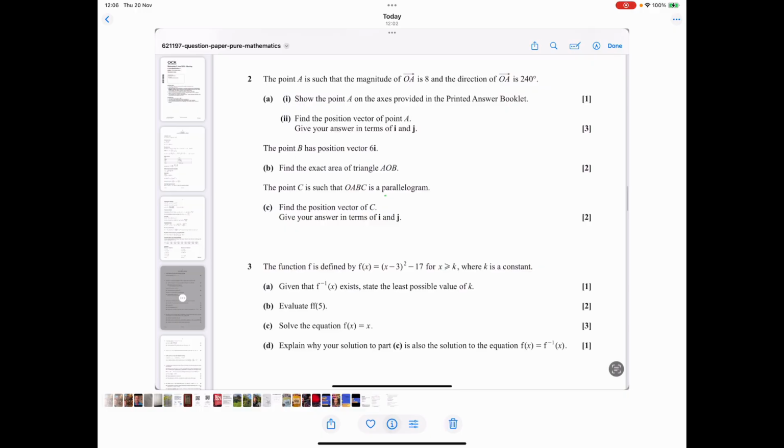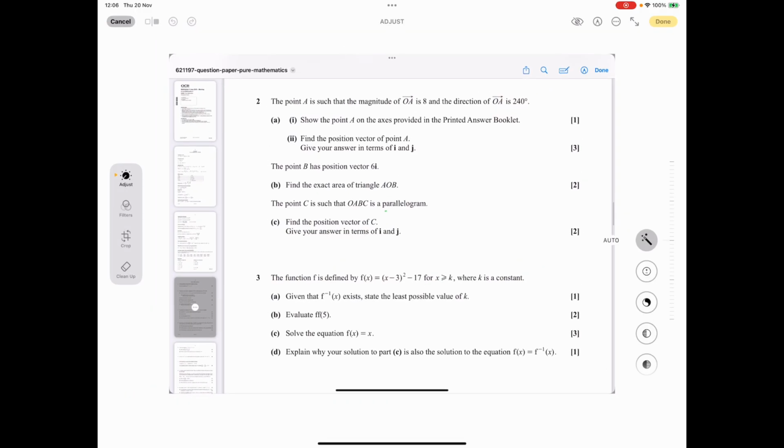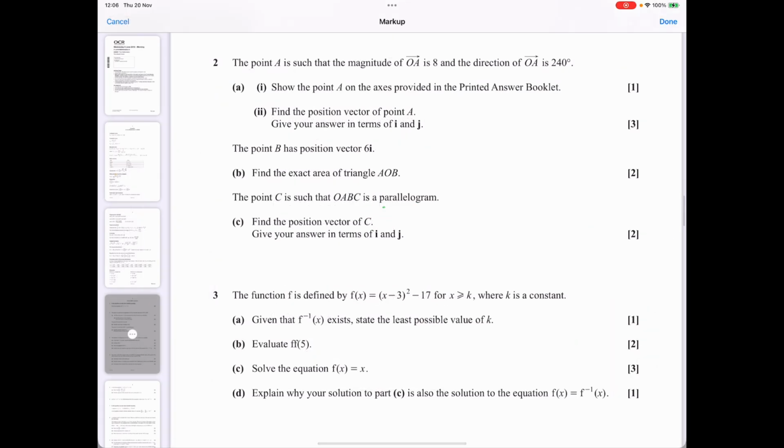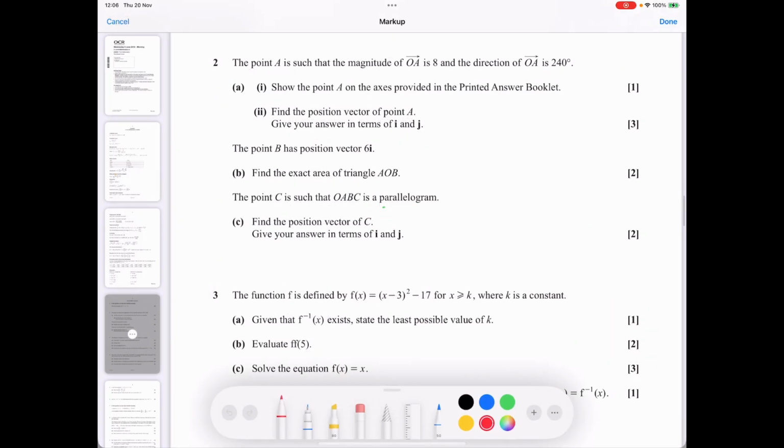Right, point A. Okay, point A is such that the magnitude of OA is 8, and the direction of OA is 240. So I'm going to just do a little drawing to show you what that is. I may have to get rid of stuff as I go along. So if this is north, this is 90, this is 180 down here, and then this is 270 to the west.